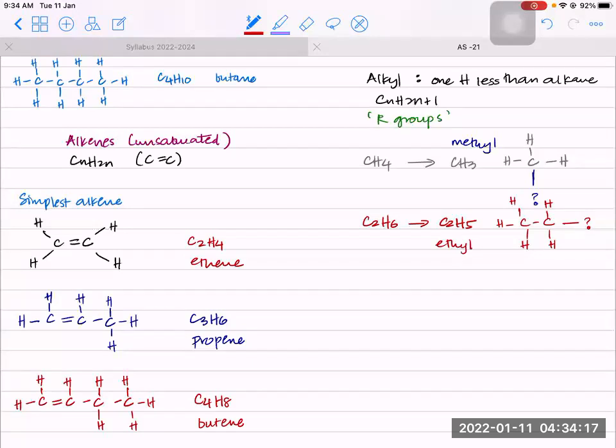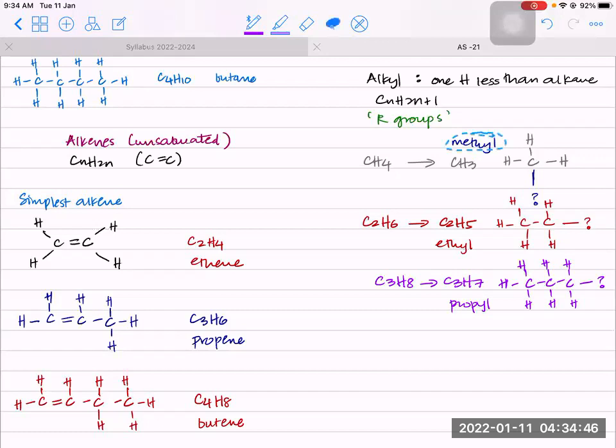The ethyl group. Clear? Then you have C3H8. So C3H7, that would be the propyl group. And you will have one vacant bond. So you will have all of this, and you have one vacant bond here. Clear? So this right here is the propyl group.